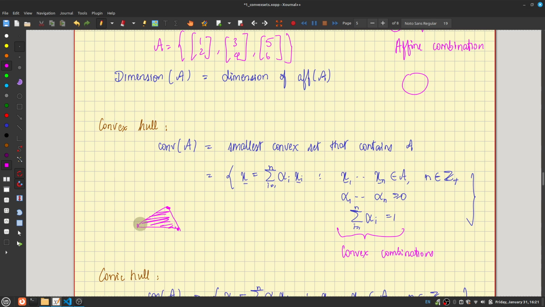Obviously, since these 2 points belong to A, the straight line joining these 2 should be in the convex hull. And similarly, since these 3 lines belong to the convex hull, if you take any 2 points, say this and this, then the straight line joining these 2 should also be within the convex hull, and so on.